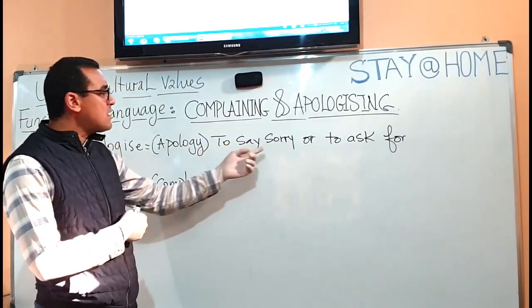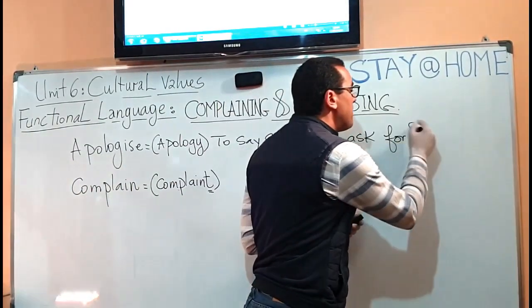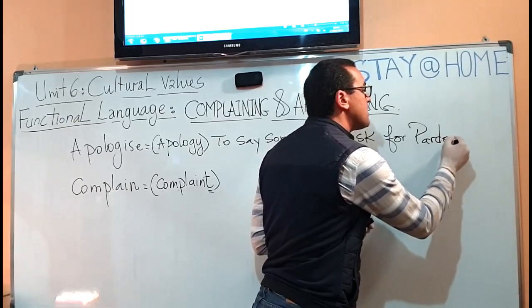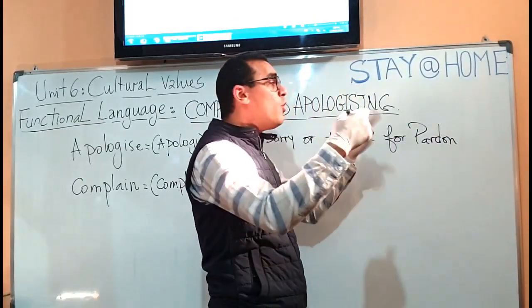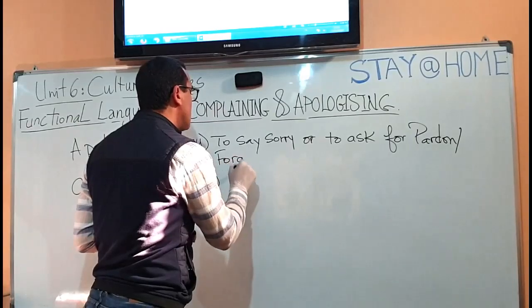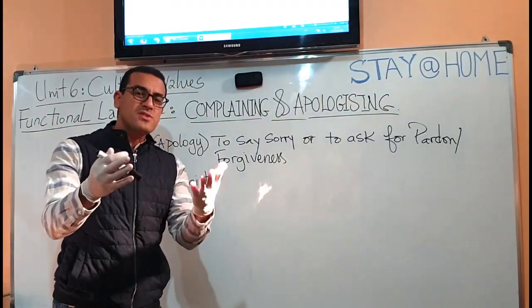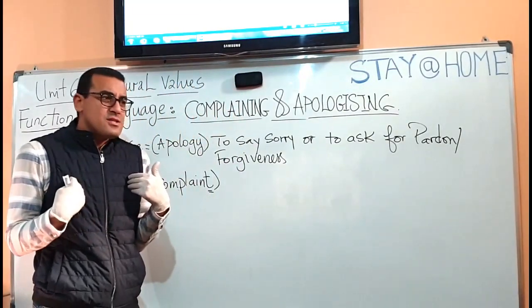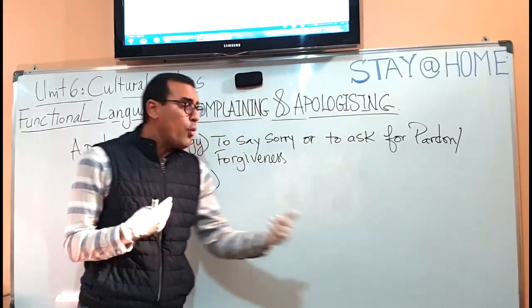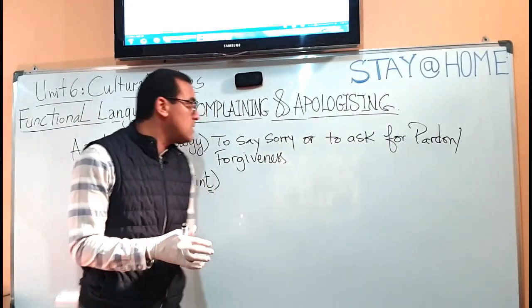So to say sorry or to ask for what? For pardon. What do we mean by pardon? To ask for pardon or to ask for forgiveness. So the question here is, what do we ask for pardon for? What do we ask for forgiveness for? What did we do? Yeah, that's correct.